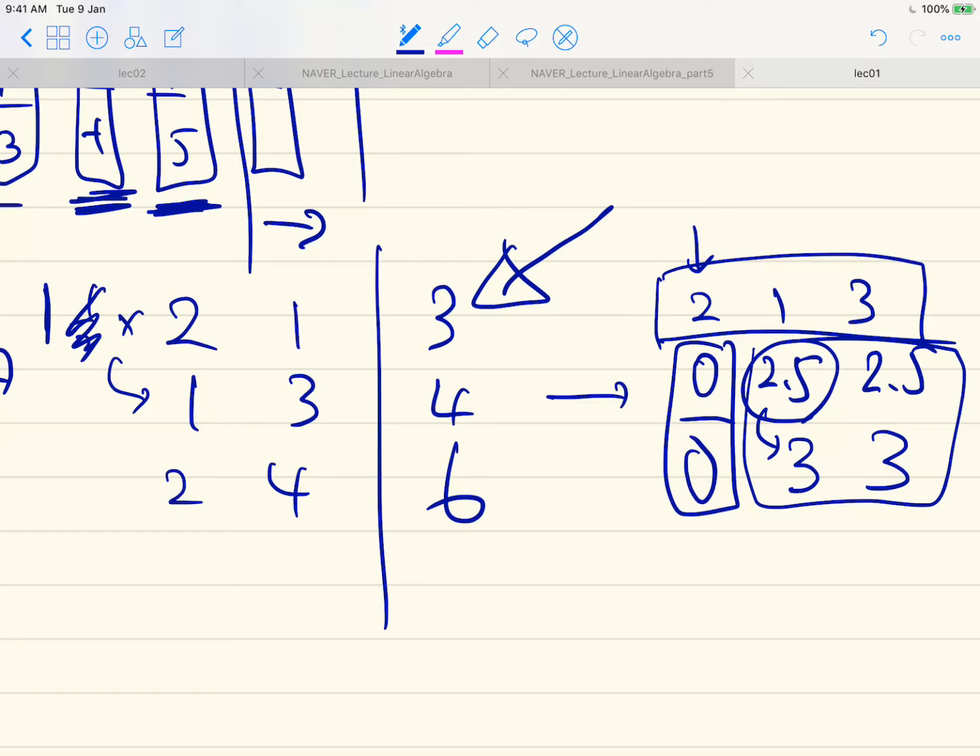Once we erase it by multiplying it by 3 over 2.5 and then subtracting it, it will be 0 and 0, right? Okay, and so even though we have 3 equations, the last equation has no effect after doing this elimination, because the last equation just became 0 times x plus 0 times y equals 0, right? So that has no effect, right?